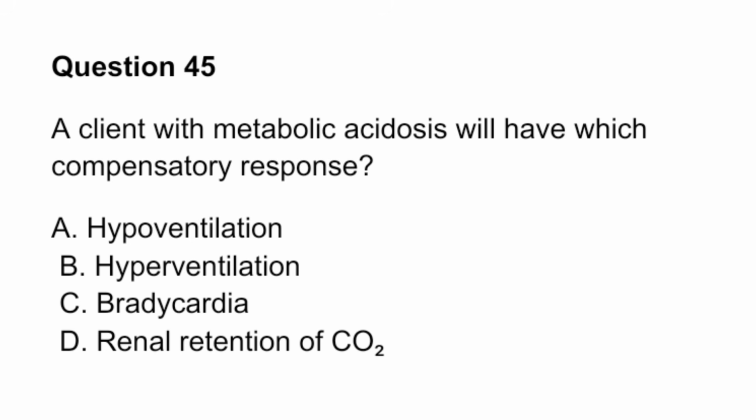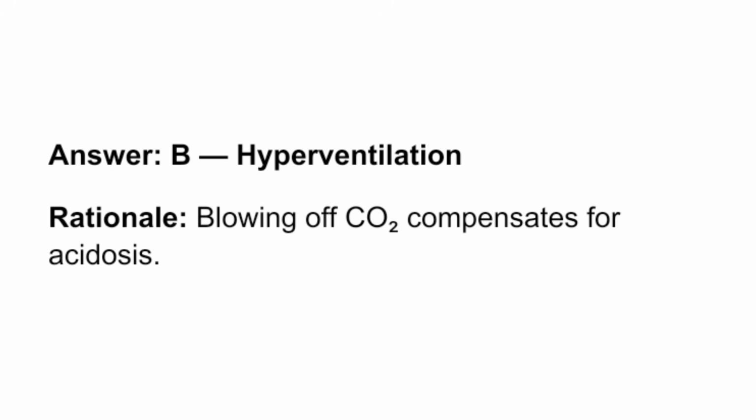Question 45. A client with metabolic acidosis will have which compensatory response? A. Hypoventilation. B. Hyperventilation. C. Bradycardia. D. Renal retention of CO2. Answer B. Hyperventilation. Rationale: blowing off CO2 compensates for acidosis.